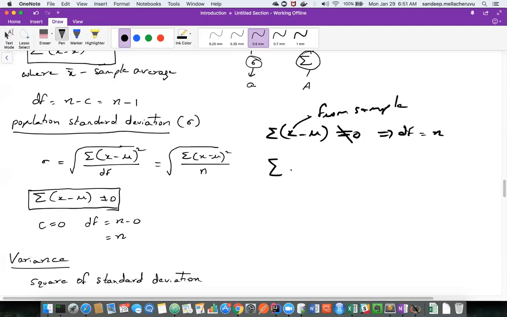Now there is another case where x minus mu is equal to 0, where x is from the population.